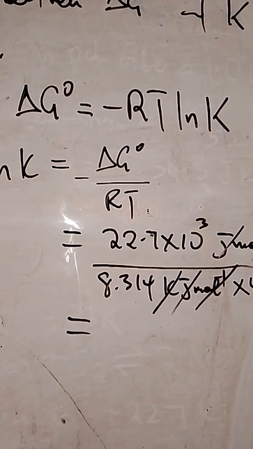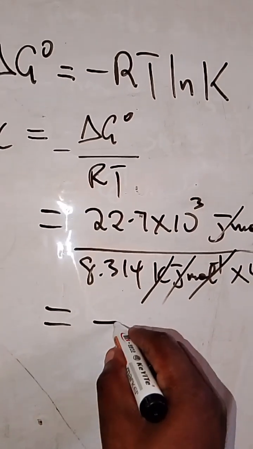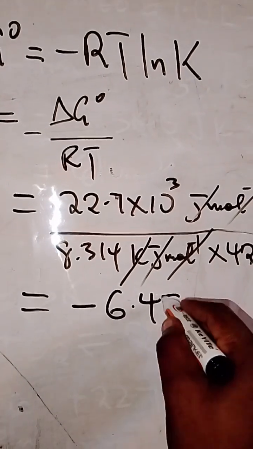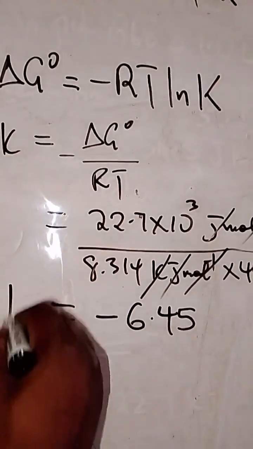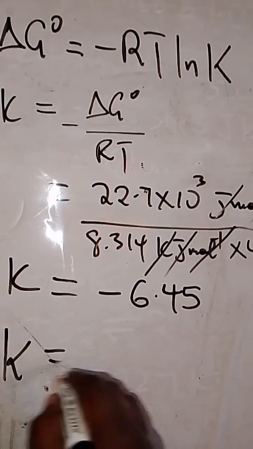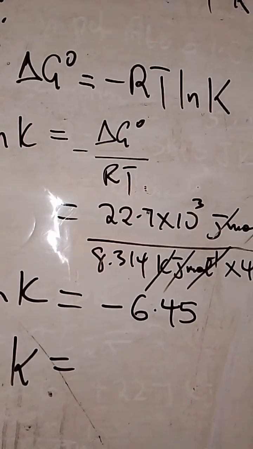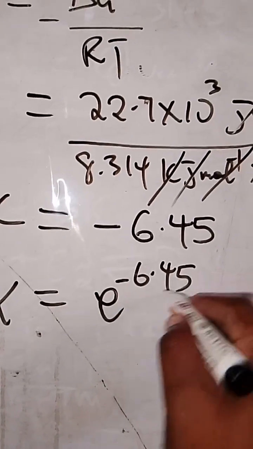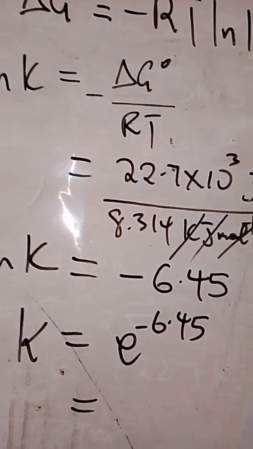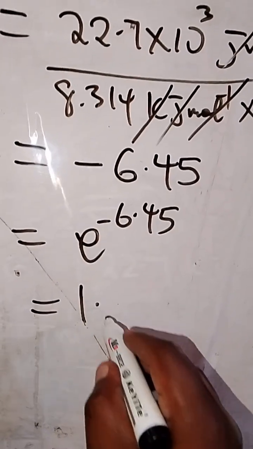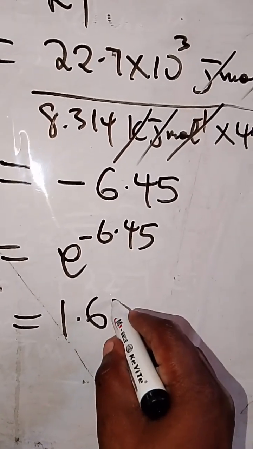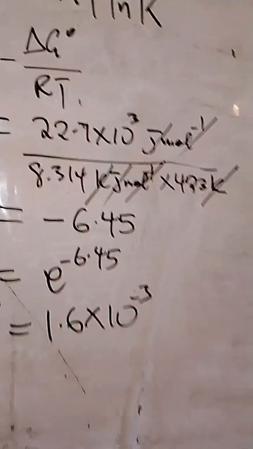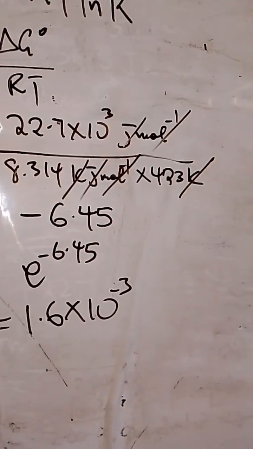You multiply and divide, and you get negative 6.45. But this is ln K, so K now will be e to the negative 6.45, which gives us 1.6 times 10 to the power negative 3. So that is the value for K.